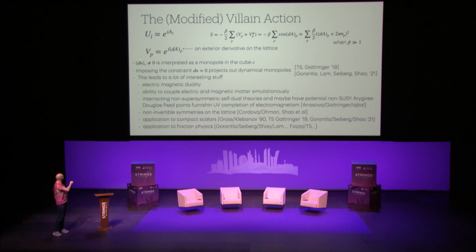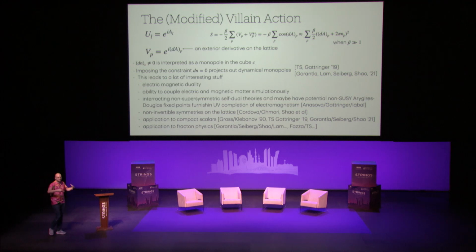And what it corresponds to is that if this dn, some kind of an exterior derivative of this plaquette-valued integer field, is non-zero, that's interpreted as a monopole. And so what Christoph Gattringer and I did in 2019 is we just imposed the constraint that it's 0.